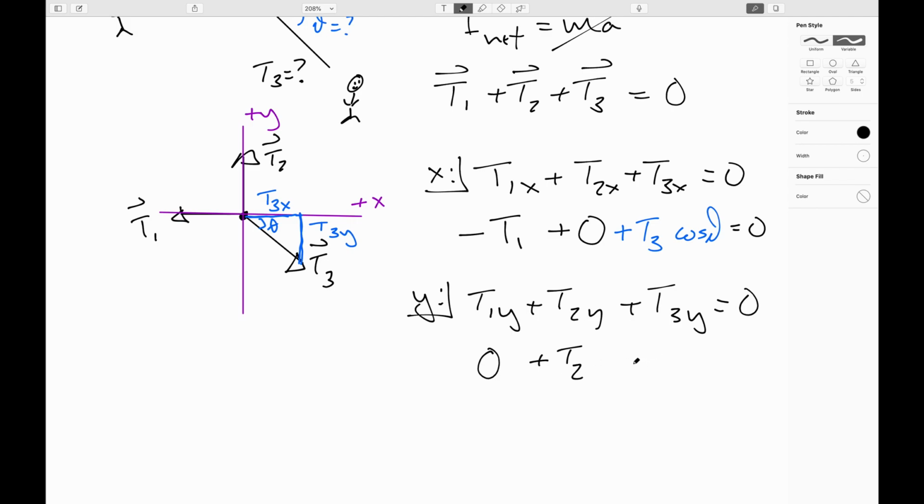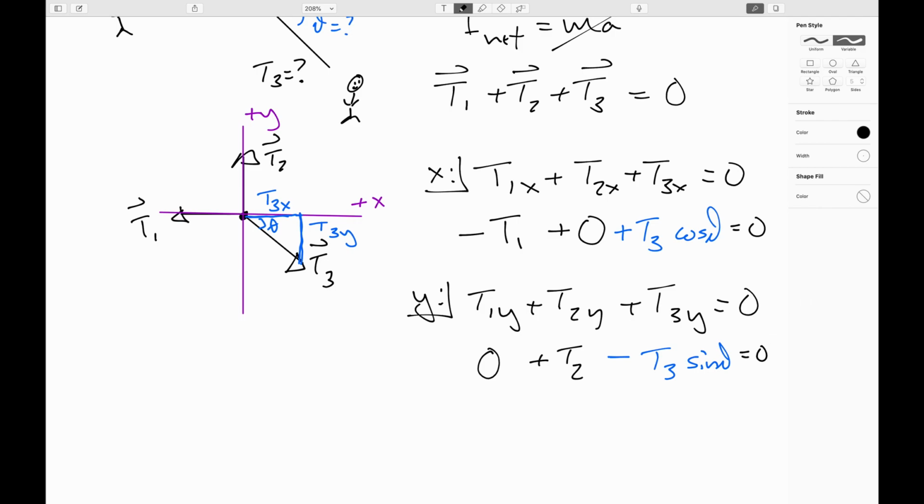Remember, the magnitudes are always positive quantities. T3, well, the Y part of it acts down, so anything that's down-ish, we need to put in a minus sign. And this is the opposite to our angle, and T3 is our hypotenuse. So SOHCAHTOA, sine is opposite over hypotenuse, so this will be minus T3 sine theta. And that also equals 0.